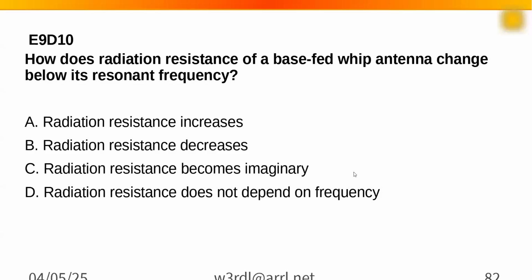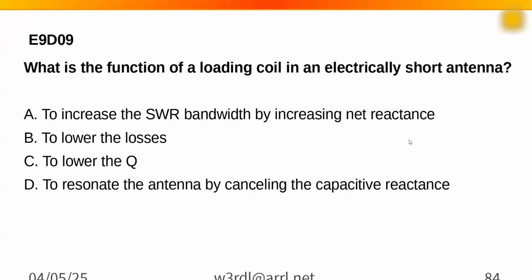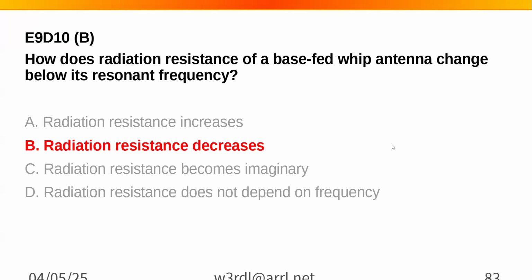So how does radiation resistance of a base-fed whip antenna change below its resonant frequency? It decreased.